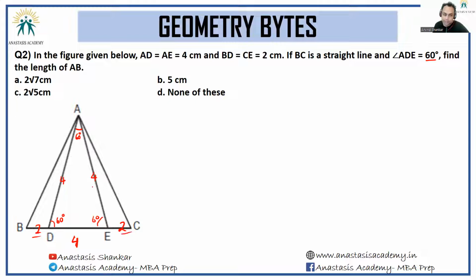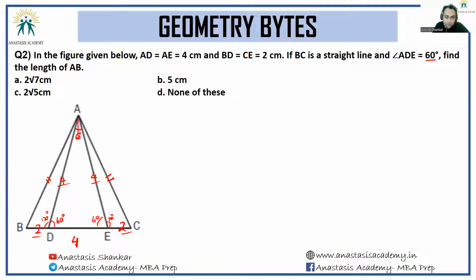One side equal, another side equal. The angle between them 120 degree, 120 degree. This is also equal. So AEC and ABD are congruent triangles, which would mean this side and this side are also equal. Wonderfully well done.